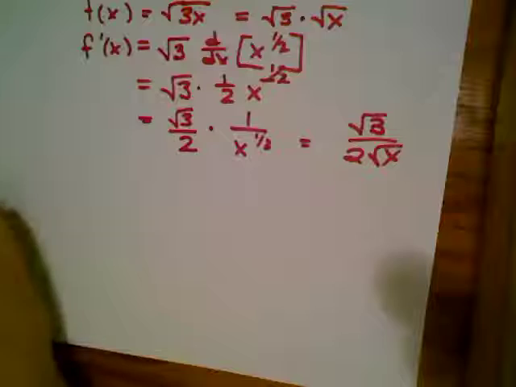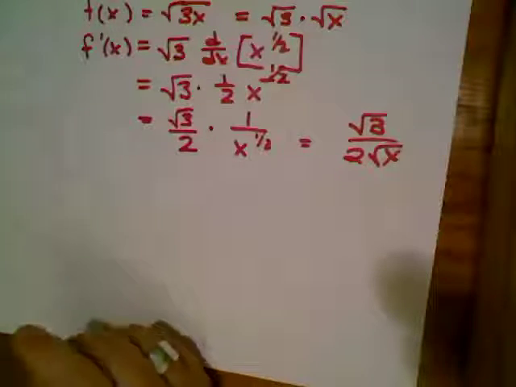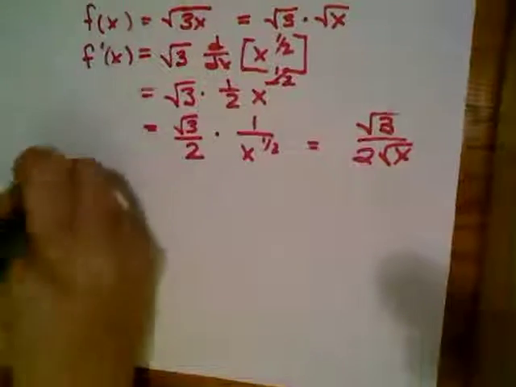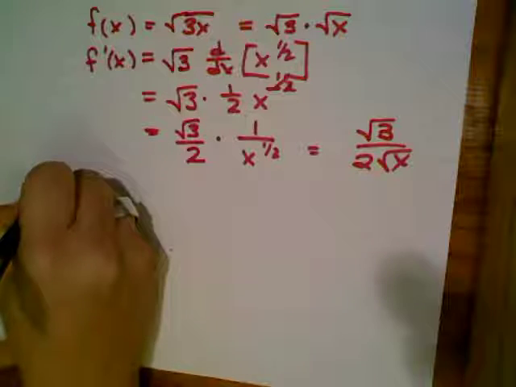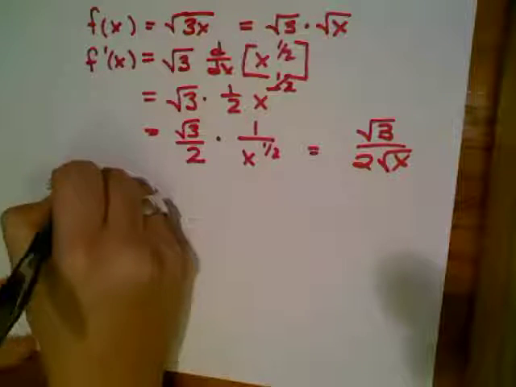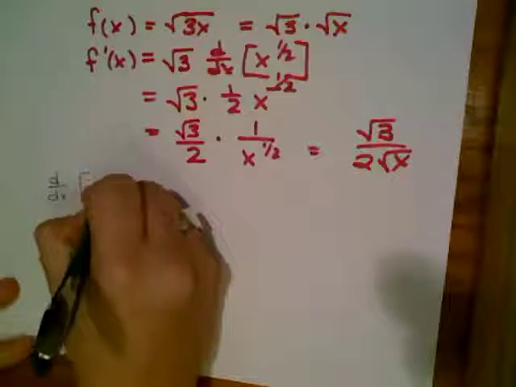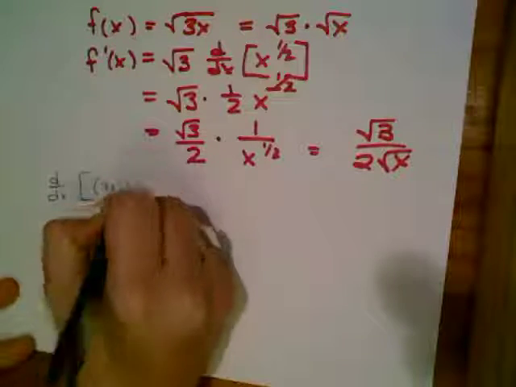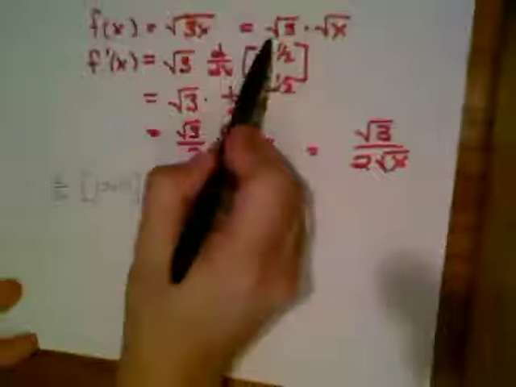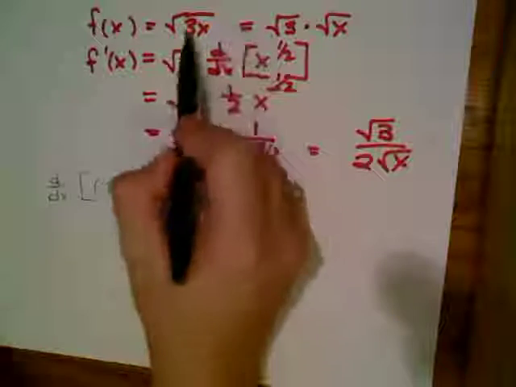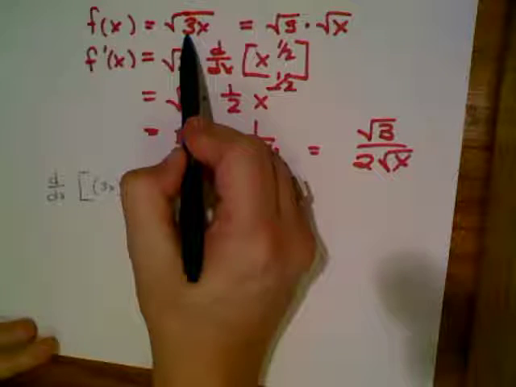Okay. Now let's compare that real quickly, and you may want to do this on your own, to using a different strategy. In strategy 1, I noticed I had a scalar square root 3.